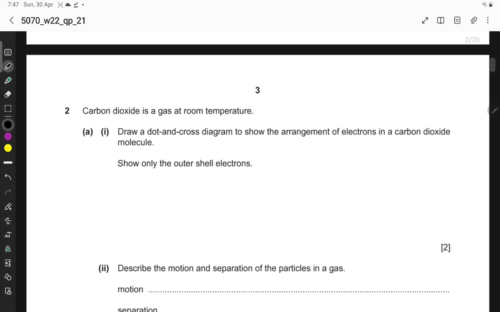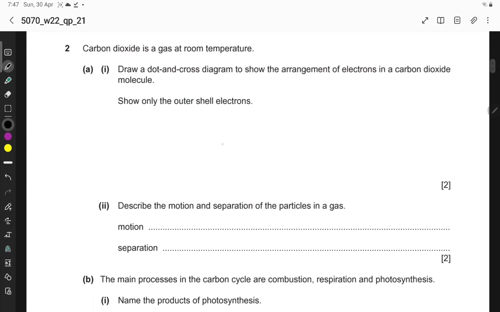Question number 2. Carbon dioxide is a gas at room temperature. Draw a dot and cross diagram to show the arrangement of electrons in a carbon dioxide molecule. Show only the outer shell electrons. This is carbon, oxygen.